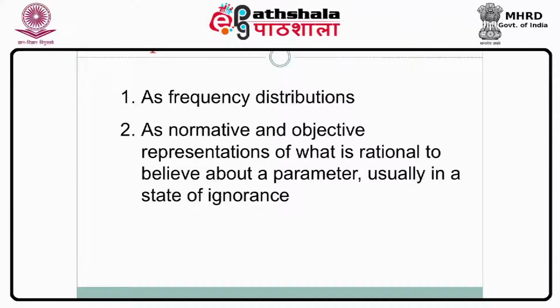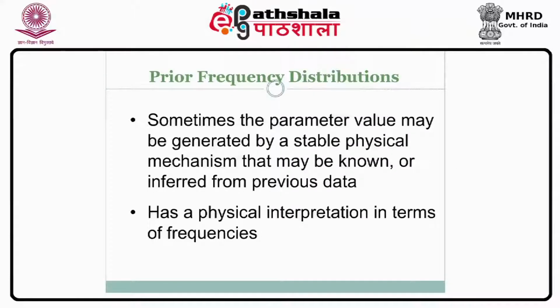Now, we can interpret the prior distribution to be a frequency distribution, or it may be a normative and objective representation, in particular in a case where there is a state of ignorance, where we do not have any idea about the parameter theta. Now, what is a prior frequency distribution? Sometimes the parameter value may be generated by a stable physical mechanism that may be known or inferred from previous data.